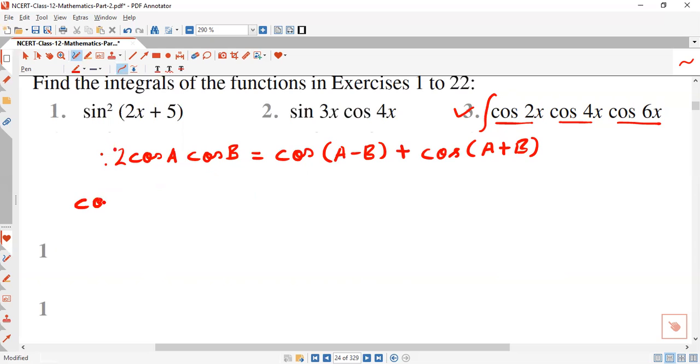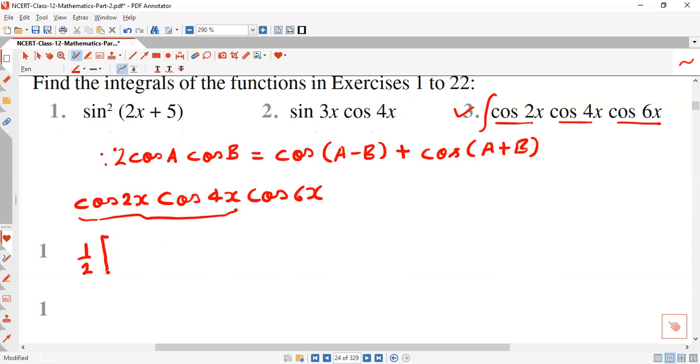Okay, the function is cos 2x cos 4x cos 6x. So I will apply the formula on the first 2 parts, 2 cos A cos B. So it becomes half of cos(A minus B), which is 2x minus 4x, plus cos(A plus B), which is 2x plus 4x, bracket closed.